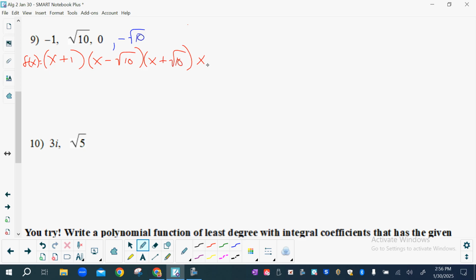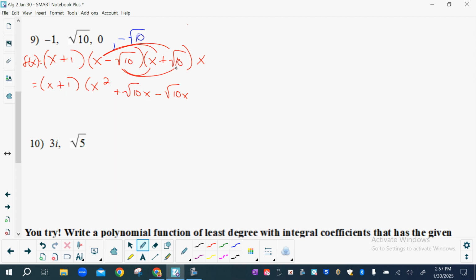Multiplying these two out, we get x squared plus square root 10x minus square root 10x, and then what's negative square root 10 times square root 10?